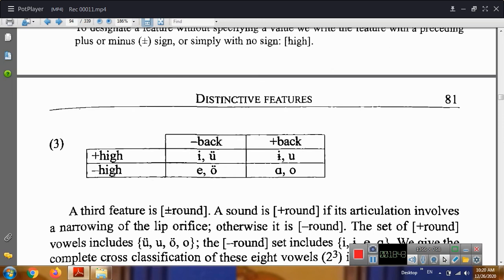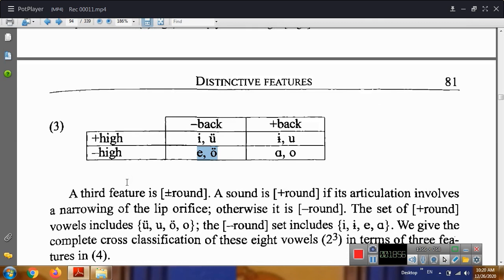And when we say minus high and minus back, we have just 2 sounds, A and U. And when we say which sounds have such features, for example, what are the plus back and minus high sounds, we have just these 2 sounds, A and O. Therefore, as our distinctive features are added, our sounds become more limited.